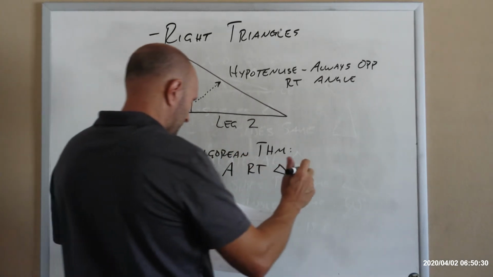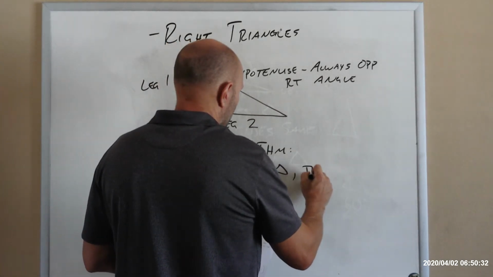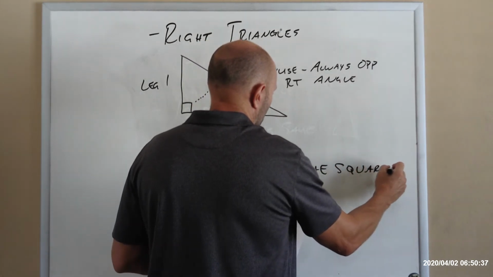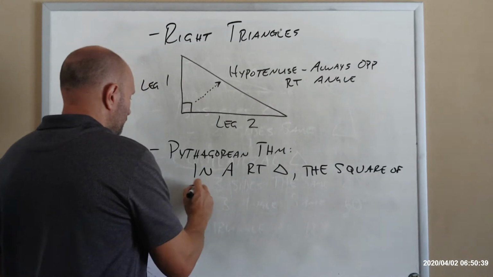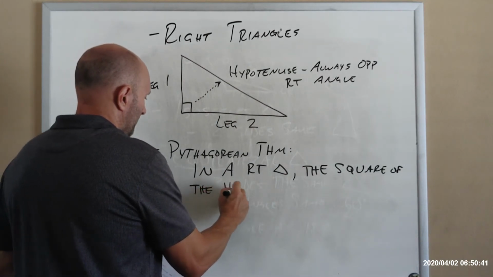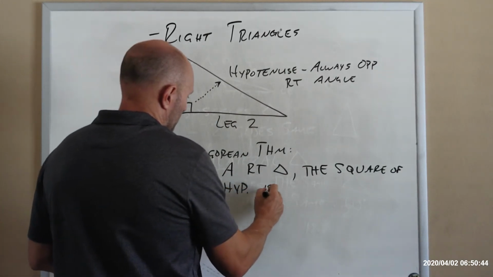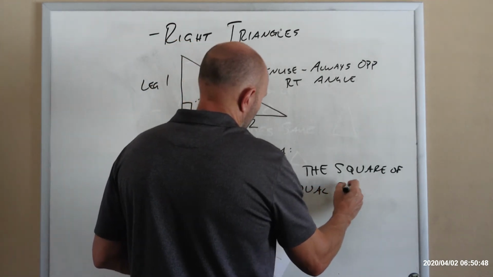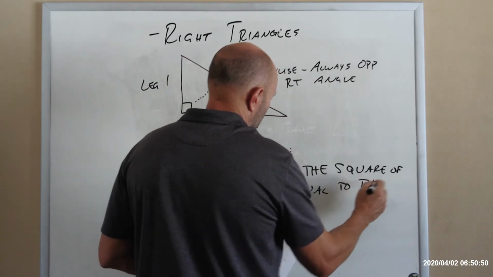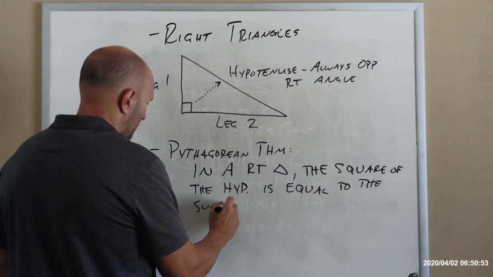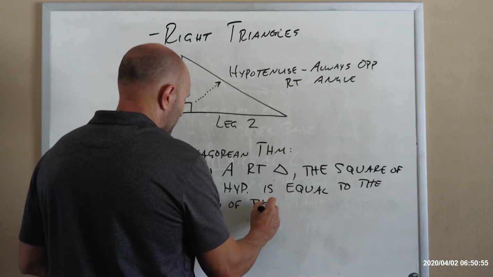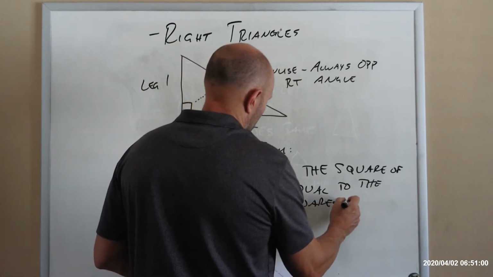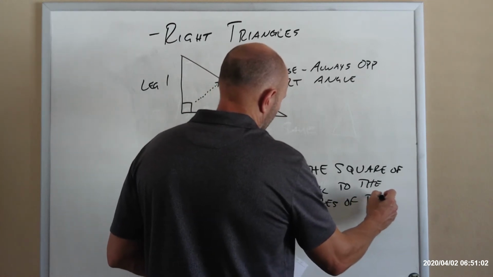So in a right triangle, the square of the hypotenuse is equal to the sum of the squares of the legs.